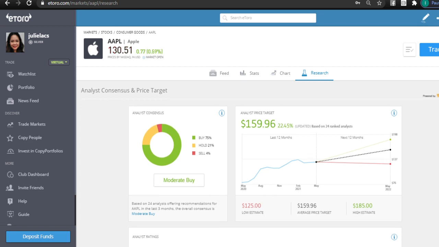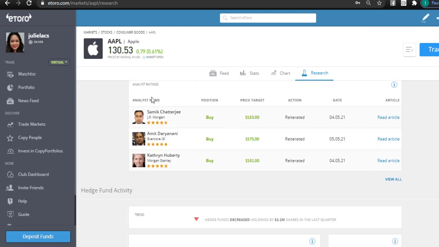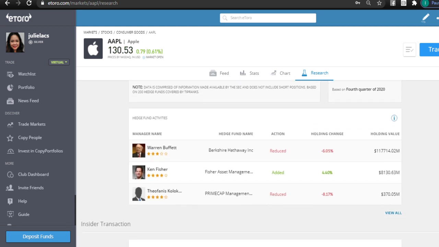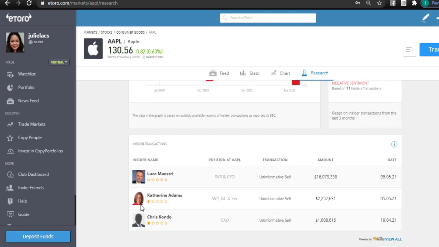Right now, it's saying that Apple, as of May 8, is a moderate buy. It will also show you what the analysts are saying, and some of the big players here. For instance, Warren Buffett reduced his position, and some insider transactions. You'll also see that from here.